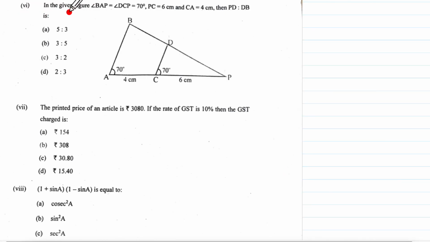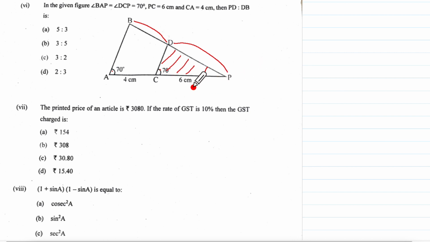The sixth one. In the given figure, angle BAP and DCP, they are 70 degrees each. PC is 6 centimeters and CA is 4 centimeters, and they want to ask you PD is to DB. Now we know that because these two angles are equal and this is the common angle, this triangle and the big triangle, they are similar.